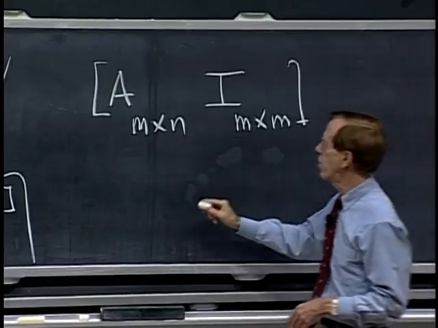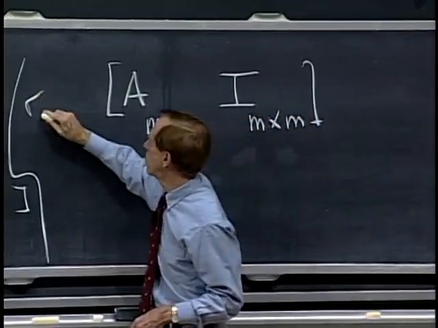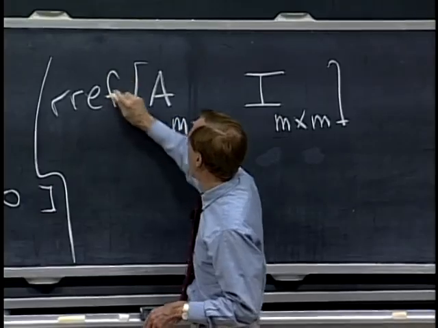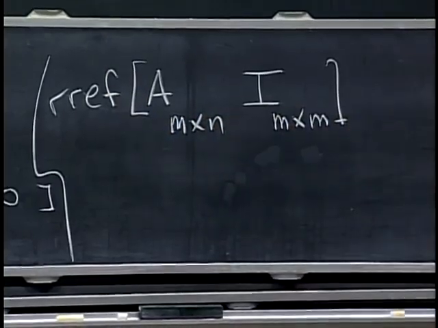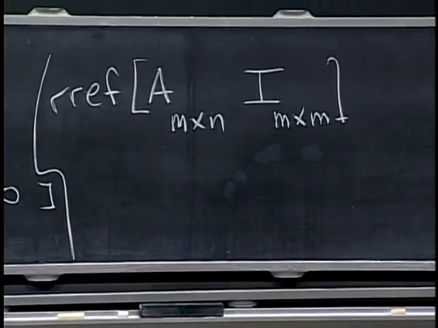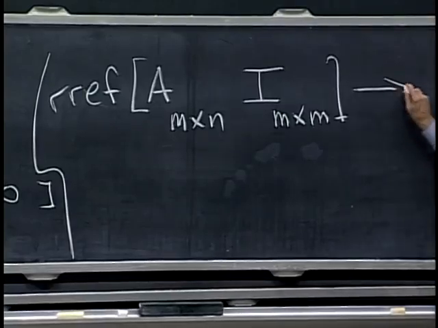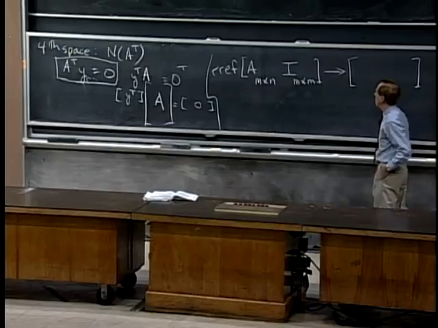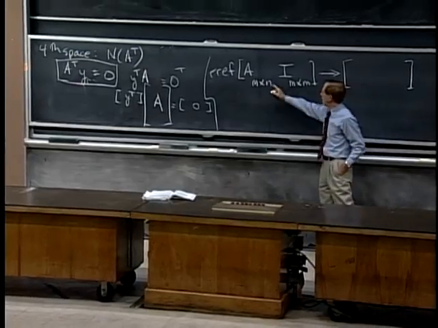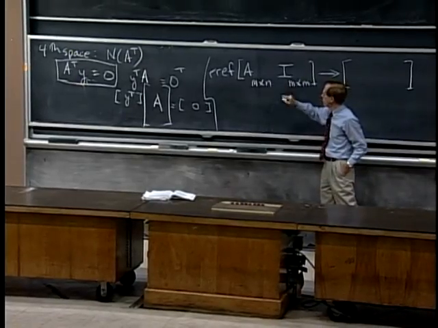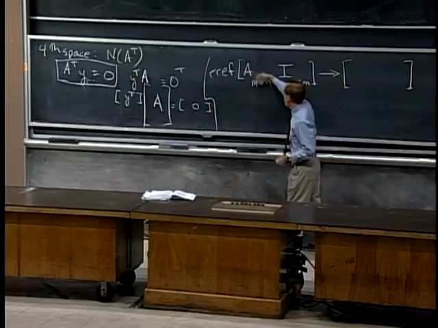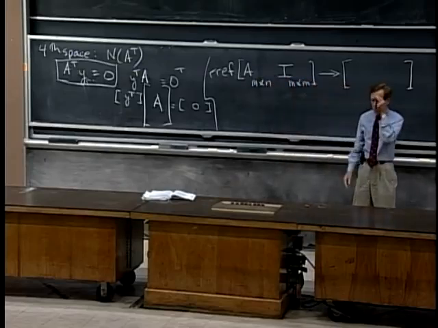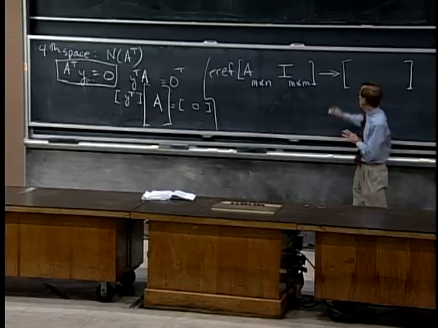And now I'll do the reduced row echelon form of this matrix. And what do I get? The reduced row echelon form starts with these first columns, works like mad, and produces R.